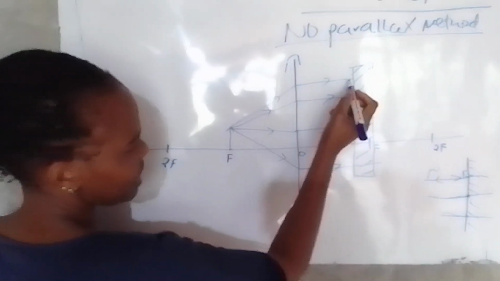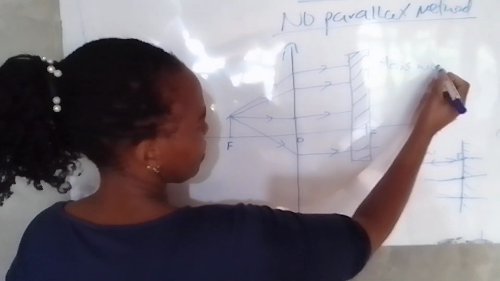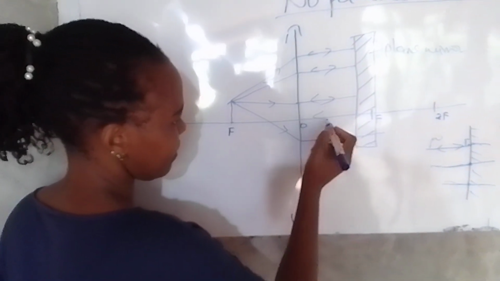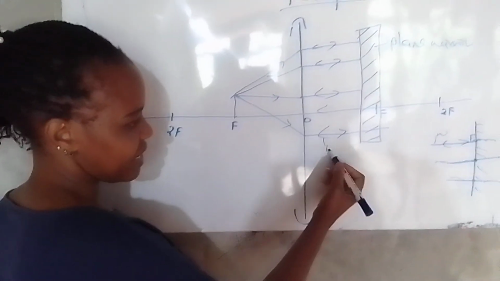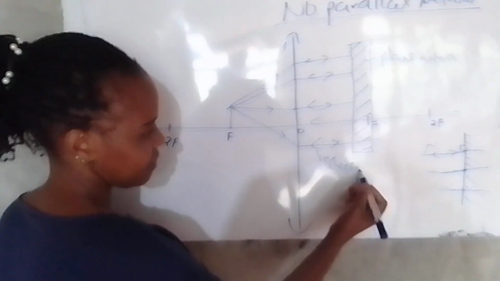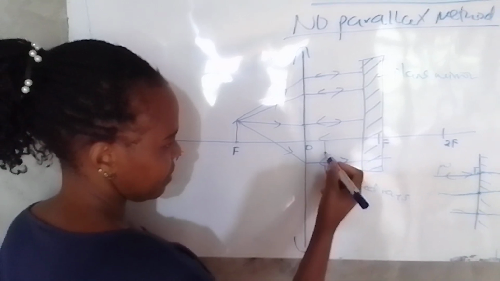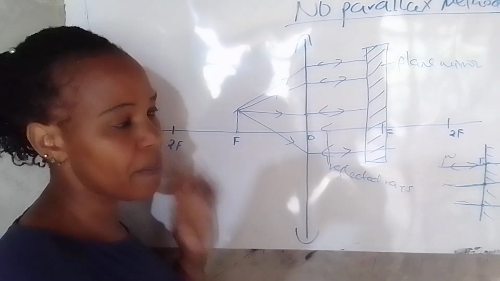So these rays, after hitting the plane mirror, are going to be sent back through the same path, okay? So this is reflection. This is now reflected. So these are reflected rays. These are reflected rays, reflected because we are dealing with a plane mirror.